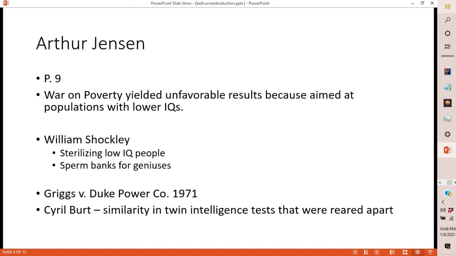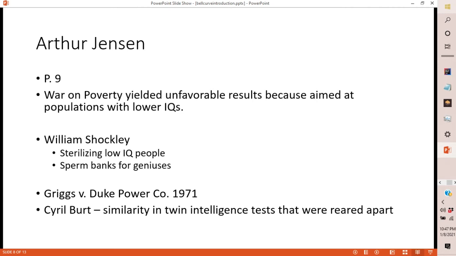So William Shockley advocated for some public policy to preserve the IQ of the nation. But then public policy starts to swing. Remember how we were talking about IQ tests once being accepted?